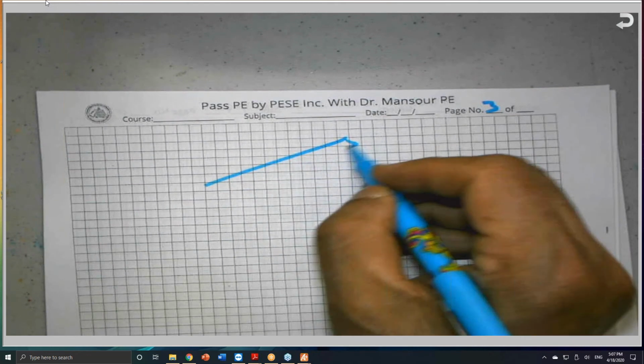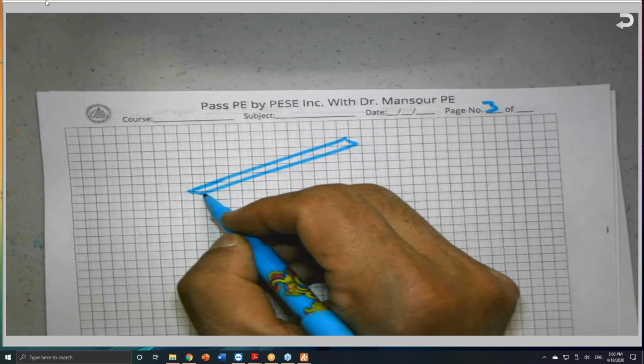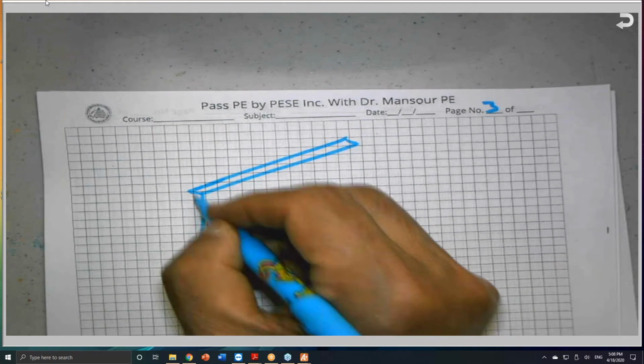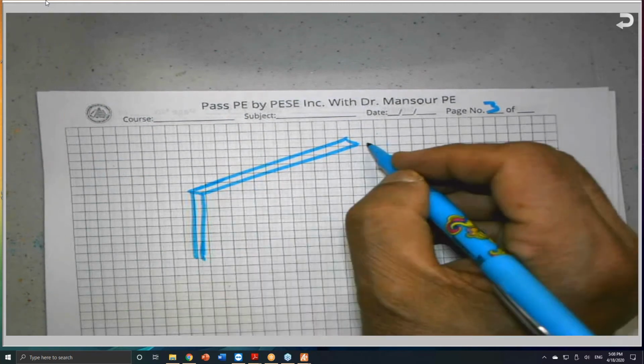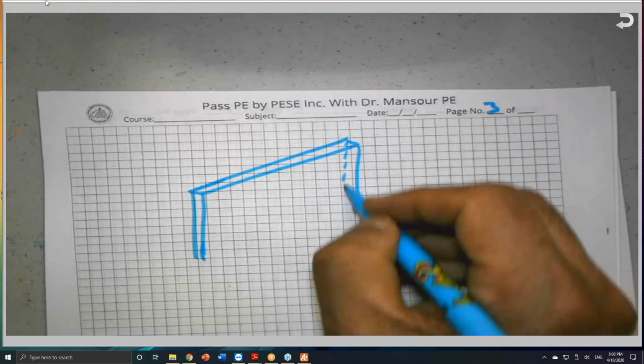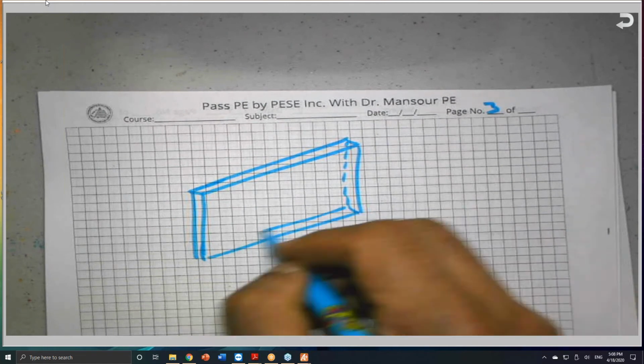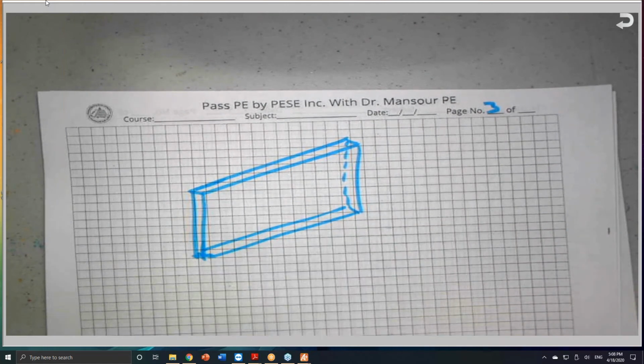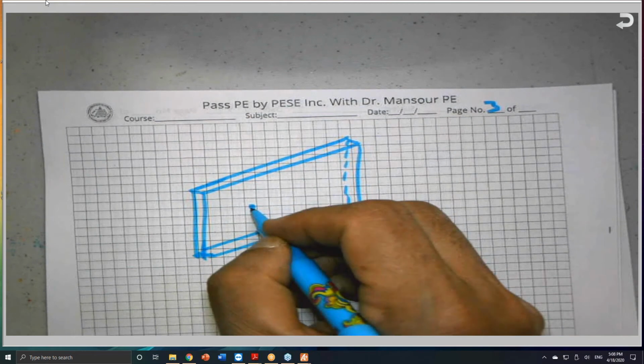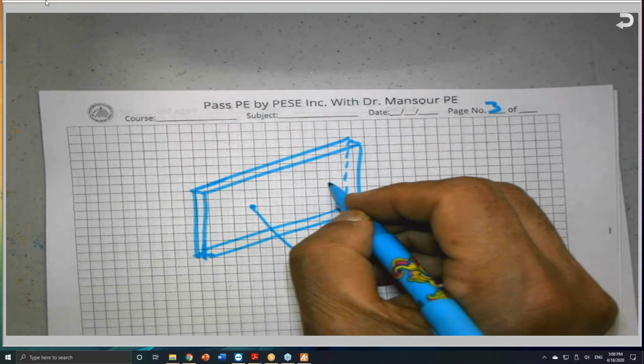That means one brace is carrying more for whatever reason or for the sake of the exam. He will make one brace here and another brace here.